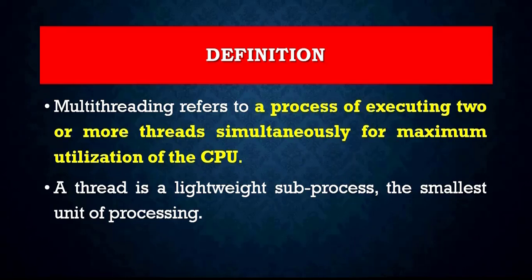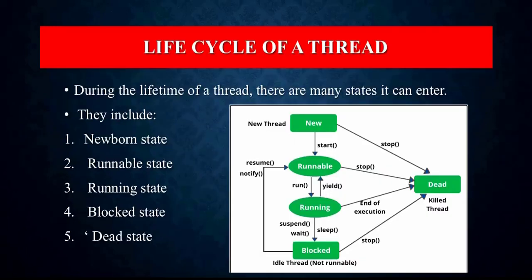Before we learn more about multi-threading and how to create a thread, let us learn the lifecycle of a thread. The lifecycle of a thread in Java is basically the state transition of a thread that starts from its birth and ends on its death.